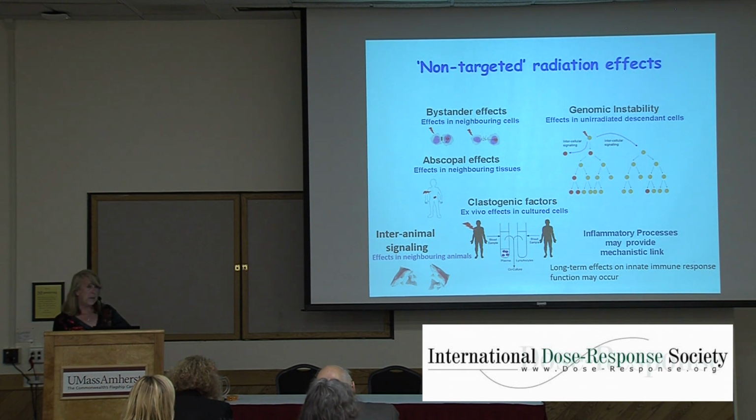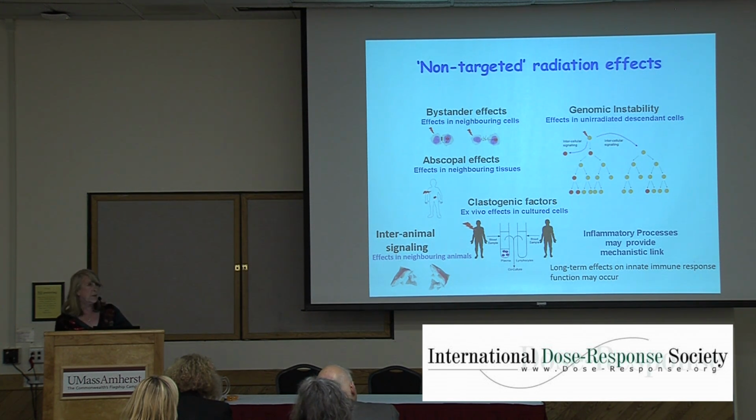But in the old literature, clinicians were well aware of so-called abscopal effects. They can be traced back to 1905. And this is where you irradiated an organ, usually with a tumor, and you get shrinkage of metastatic deposits elsewhere in the body. And then another phenomenon that's sort of related is so-called clastogenic factors.